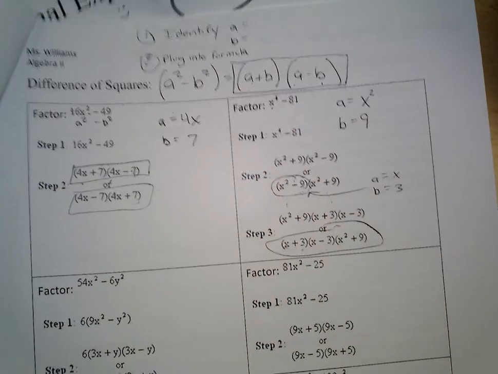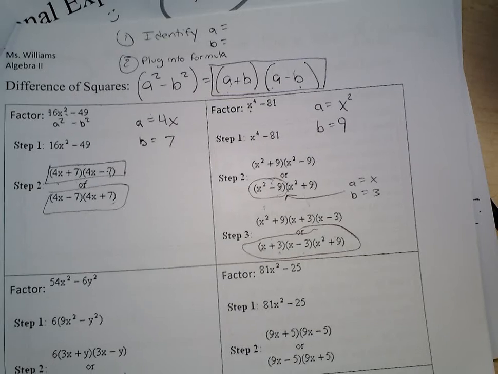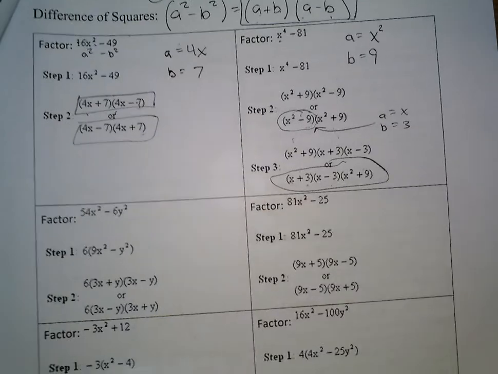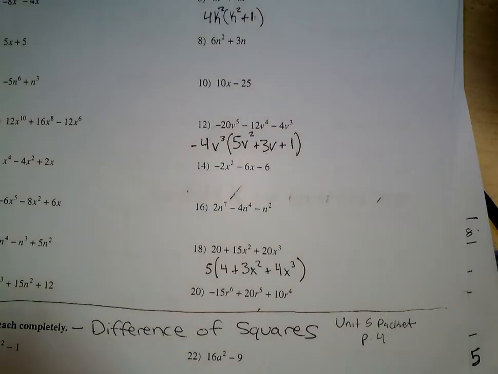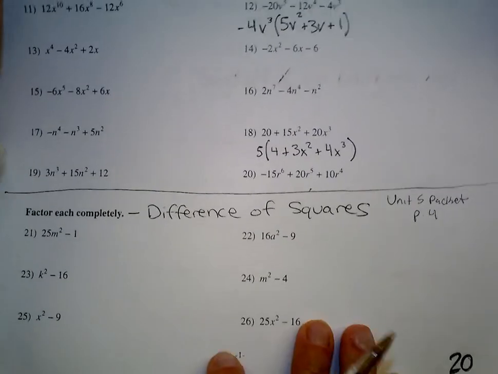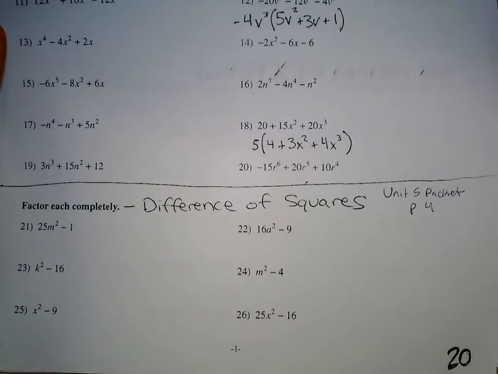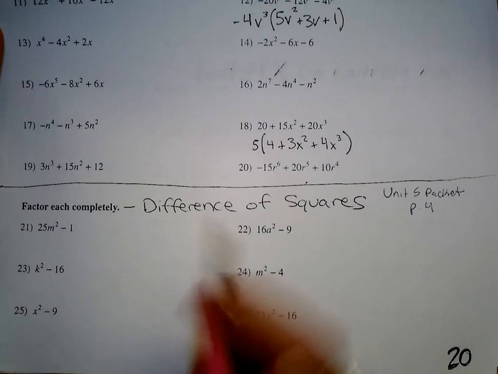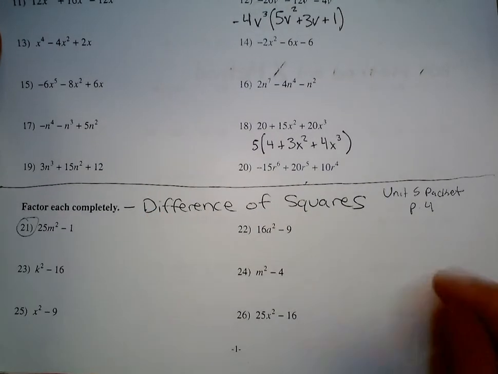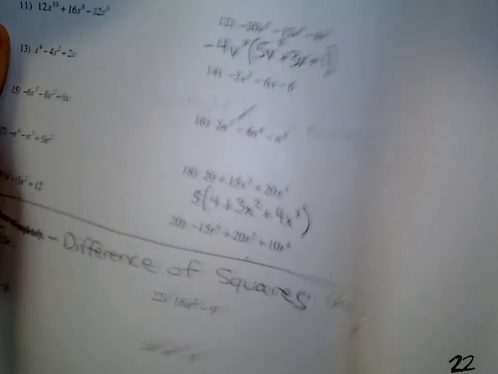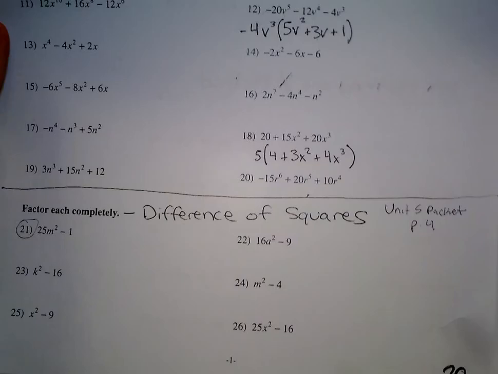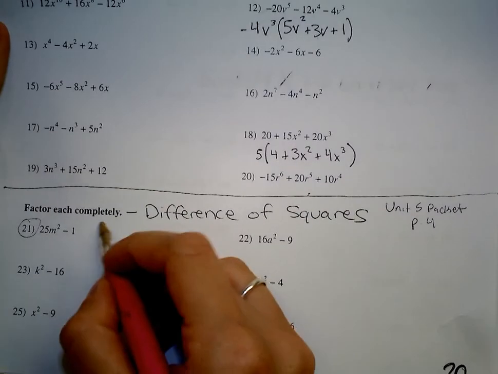Let's do one or two from, you guys can look at the others as examples. Let's go back to page 20, difference of squares. Let's do number 21. So if I'm factoring this completely, I'm taking the square root. I want to find a and I want to find b.